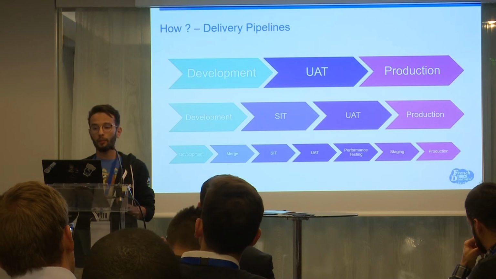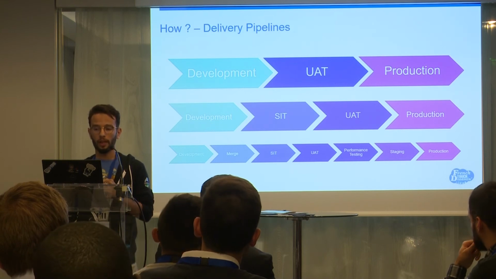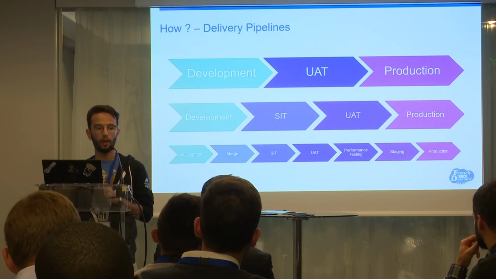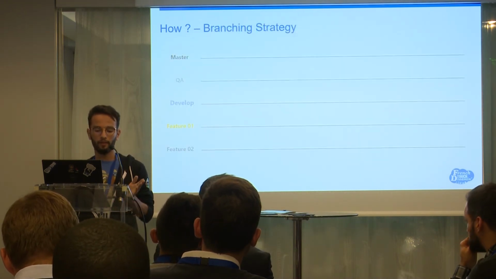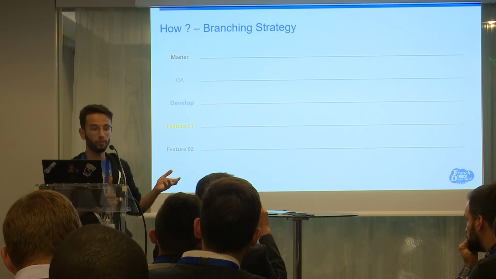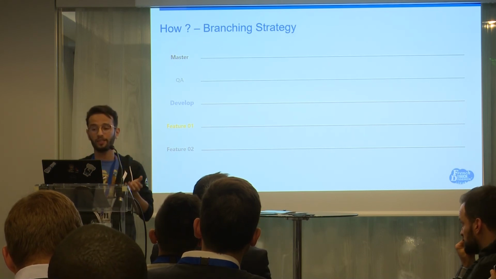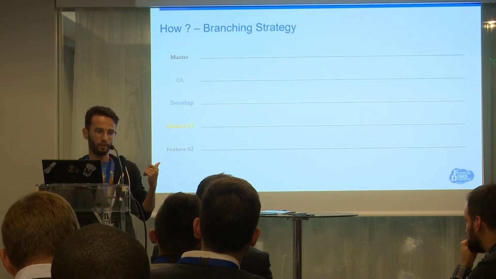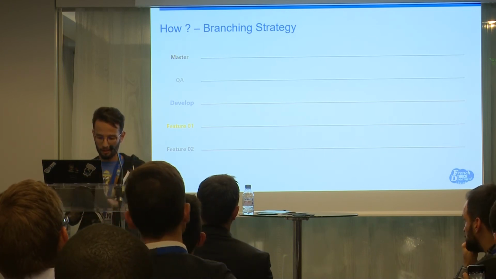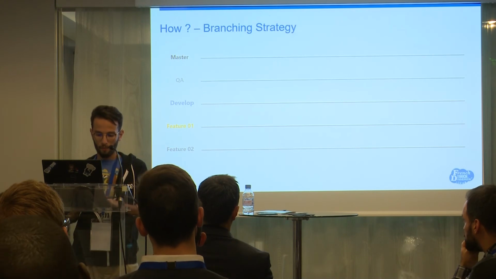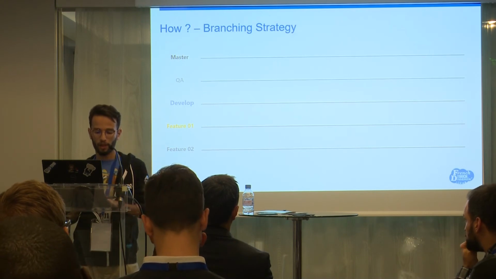Now we're going to see how we do that from a code repository part. How do we do our branches? Ideally you would have master, QA, which will be as many as the environments you have, but here for the sake of simplicity we'll have only one branch for QA. You would have develop and then feature branches.